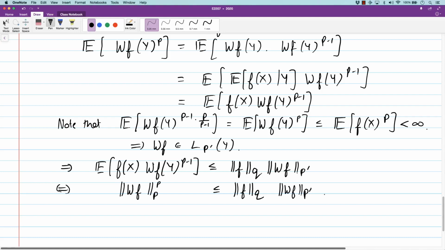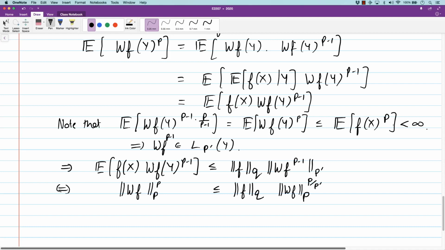Sorry, WF to the power p minus 1, the p prime norm of that. What is the p prime norm of WF^(p-1)? We just saw this. This is exactly equal to the norm of WF in L^p to the power p by p prime.